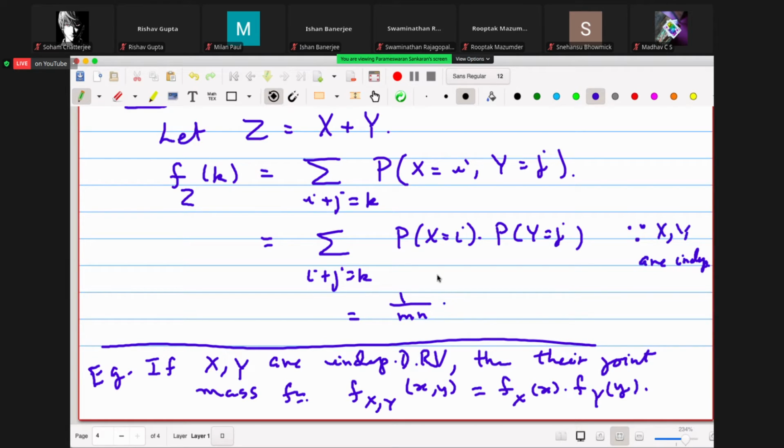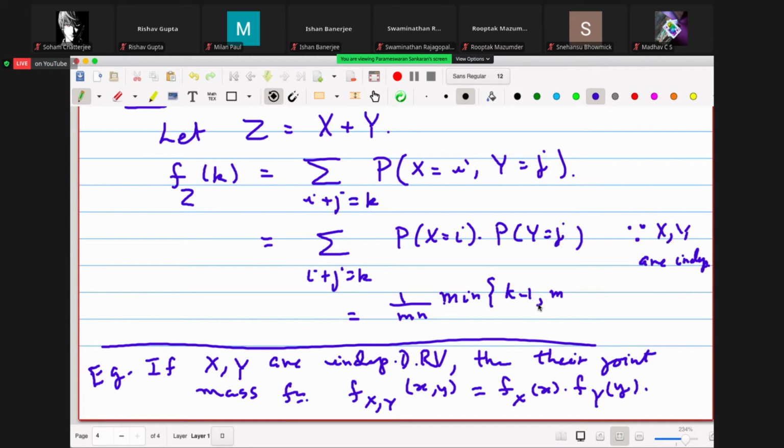Actually, it is the minimum of m, n, and k minus 1, and what is the other one? So m. This is it, I think.